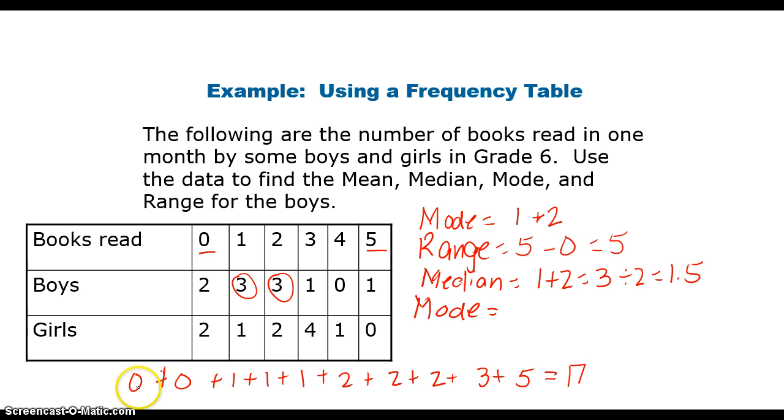Then I go back and count. There was 1, 2, 3, 4, 5, 6, 7, 8, 9, 10 data items. So I divide 17 by 10, and I get 1 7/10 books as my mean. Sorry, not mode.